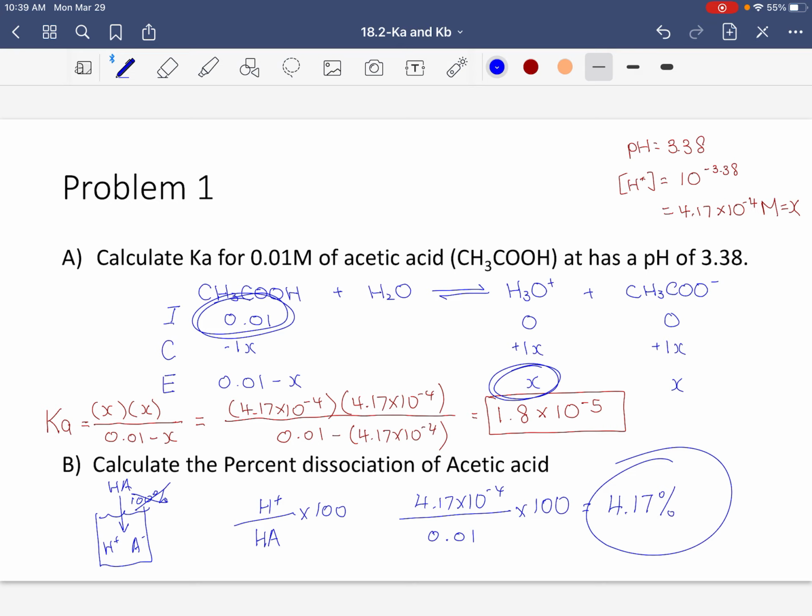So before we continue, let's take a look at this number. So acetic acid, if you're looking at 0.01 molarity of it, that is worth this pH. By knowing this, we were able to discover what the Ka is by doing this calculation.